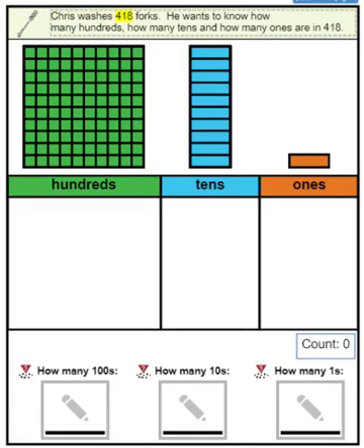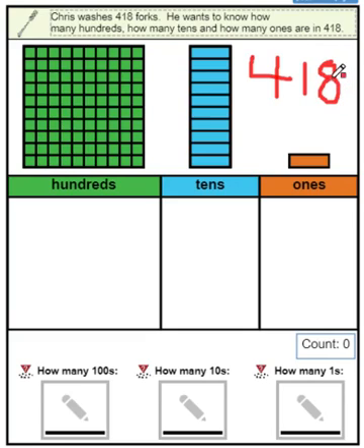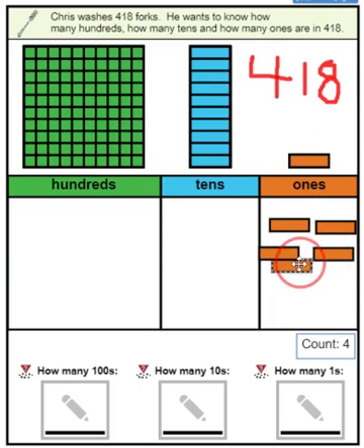Chris washes 418 forks. He wants to know how many hundreds, how many tens, and how many ones are in 418. Okay, starting all the way to the right, here's my ones place, and I have 8 ones. 1, 2, 3, 4, 5, 6, 7, 8 ones.